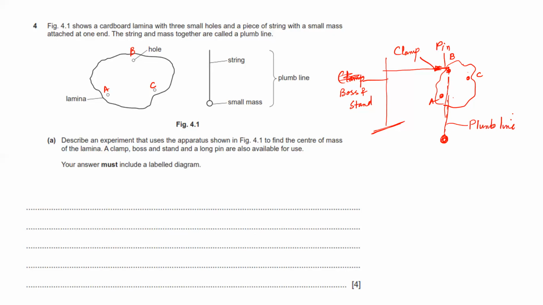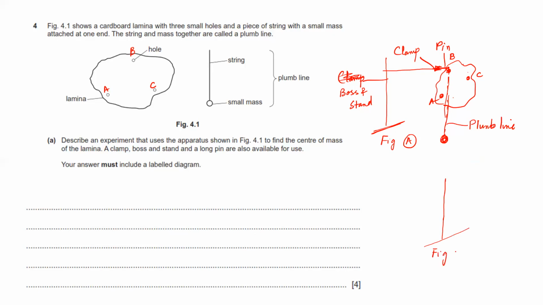Okay, so this is how a plumb line looks like, and then you just simply draw a line for this. So we call it figure A, and then you can also draw a figure B.